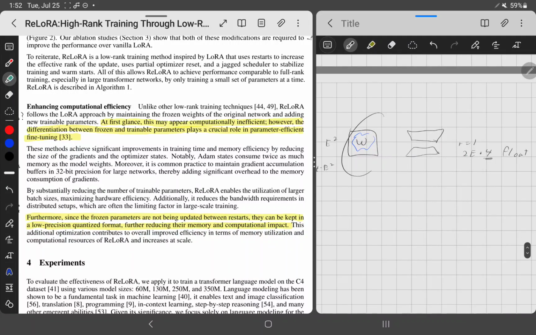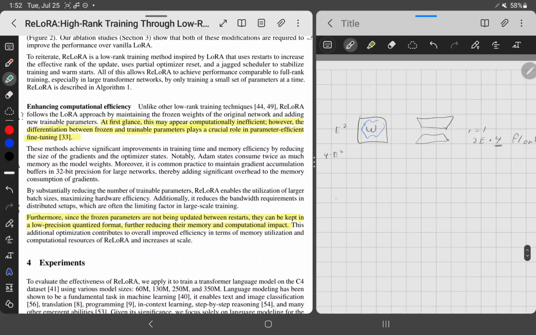However, if I were to freeze this, with ReLoRA, where we combine these but you freeze W, our normal would be 4 by e squared parameters, while with ReLoRA, where you freeze W and have these LoRA A, B matrices, this would be e squared plus 4 times 2e.